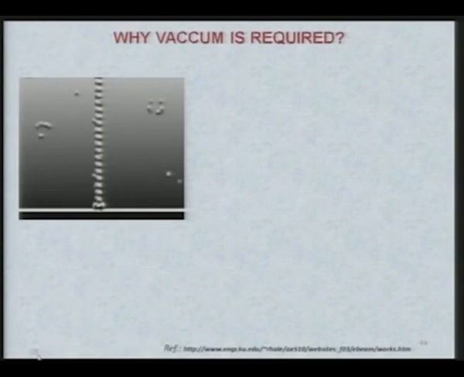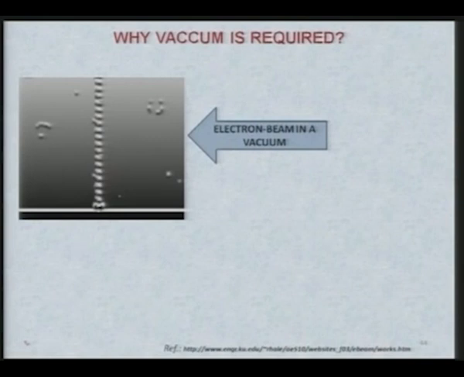Suppose vacuum is there, you will get, as shown in this figure, a very fine machining. As you can see, the beam is coming straight and hitting the workpiece, and the scattering of the electrons from that direction is very minimal, although some is there.